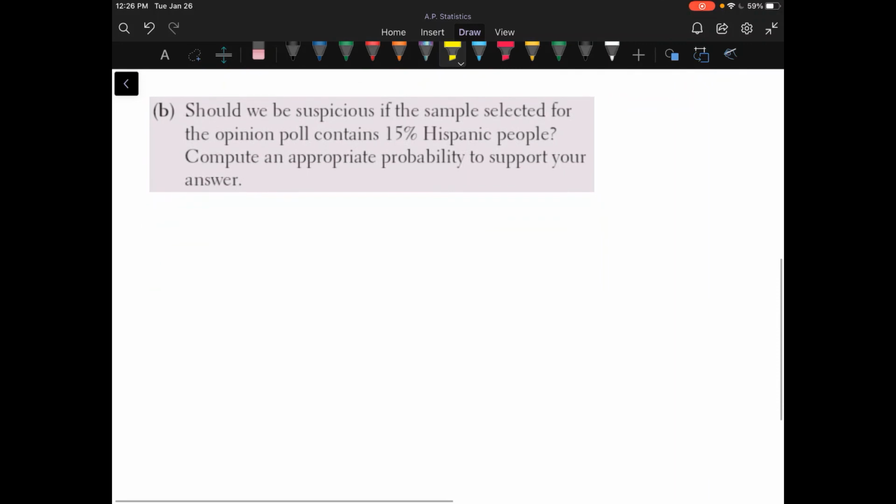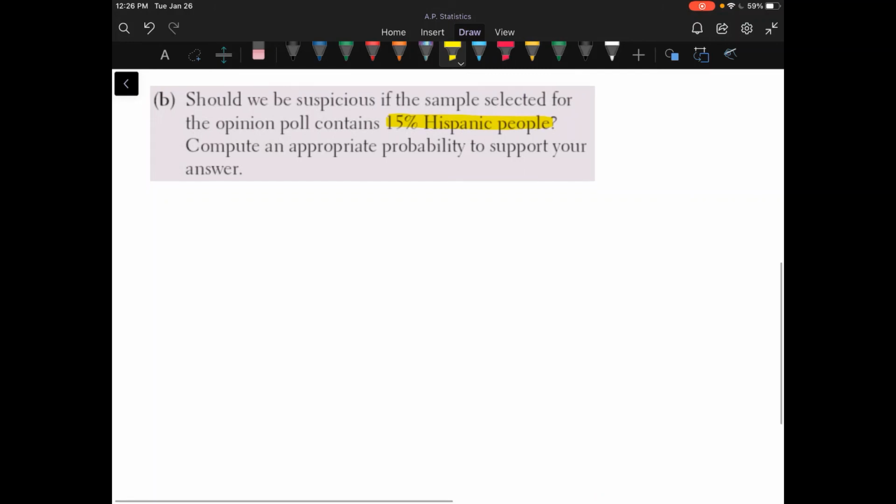Part B. Should we be suspicious if the sample selected for the opinion poll contains 15% Hispanic people? Compute an appropriate probability to support your answer. First, what's 15% of 1,200? 15% of 1,200 equals 180.